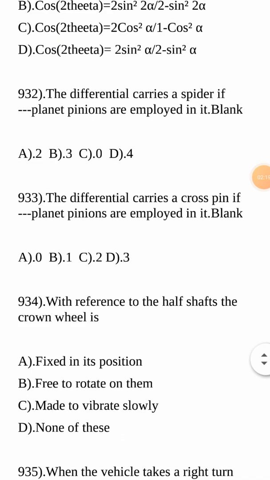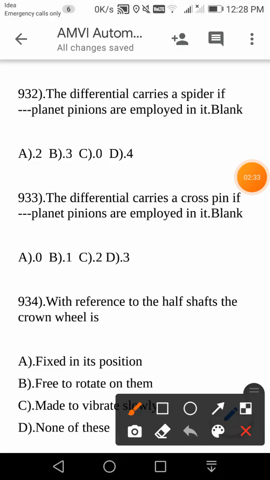Next, the differential carries a spider if dash planet pinions are employed on it. What is the blank? Is it 2, or 3, or 0, or 4? Actually the answer is 4. That means there have to be 4 planet pinions for the differential to carry a spider. Next question.